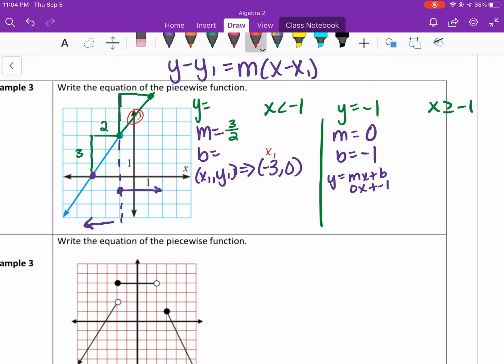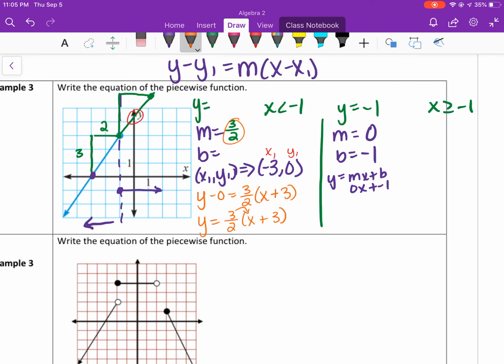So this is x1, and oops, the second one will be y1. Okay, so plugging those into our equation, I will have y minus y1, so y minus 0 equals m, which is 3/2, times x minus x1. So x minus -3 will be x plus 3. You minus a negative, it equals a positive. So then you have y equals 3/2 times x plus 3.